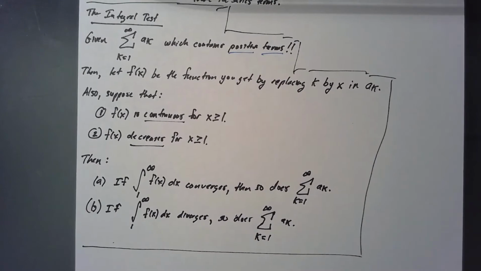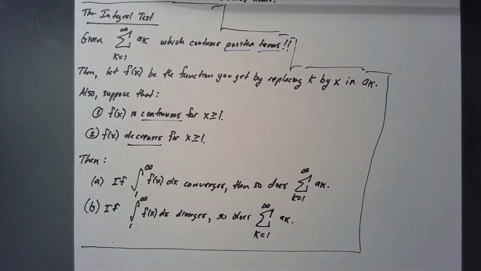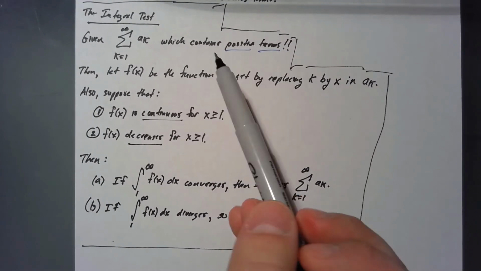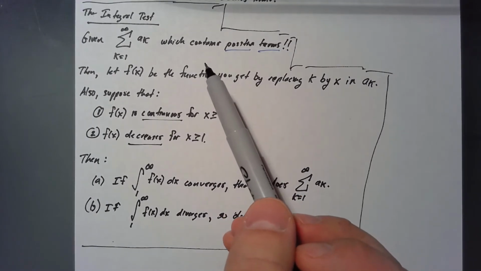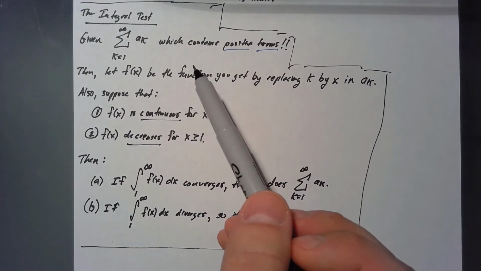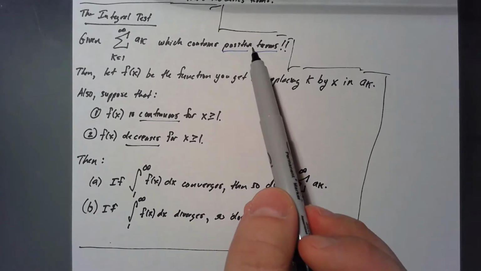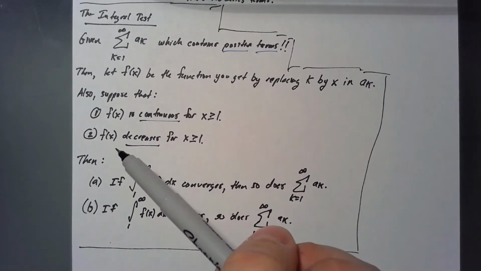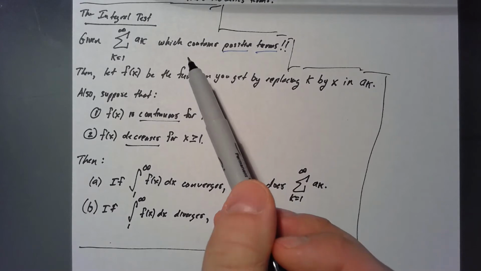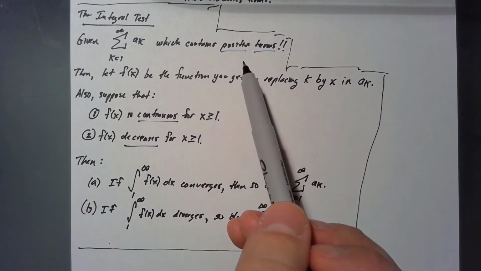So there's a lot to the integral test, it seems. There's a lot of stuff you have to make sure of. You can't just assume that number 1 and number 2 are true. You have to verify that the conditions of the integral test are true.